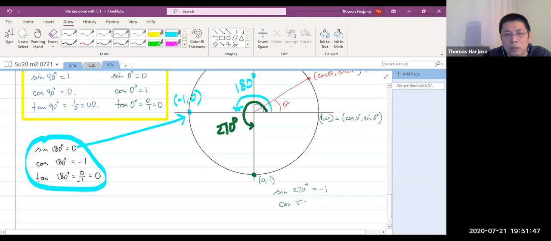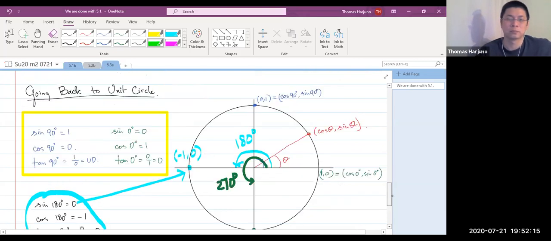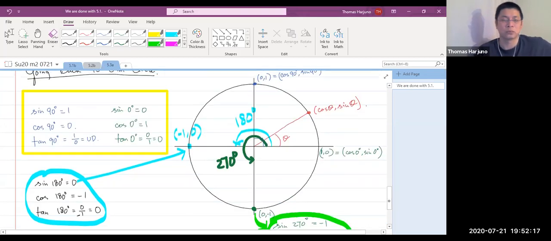Cosine 270 degrees is 0. Tangent 270 degrees is -1 over 0, which is undefined. That's another thing you have to memorize.